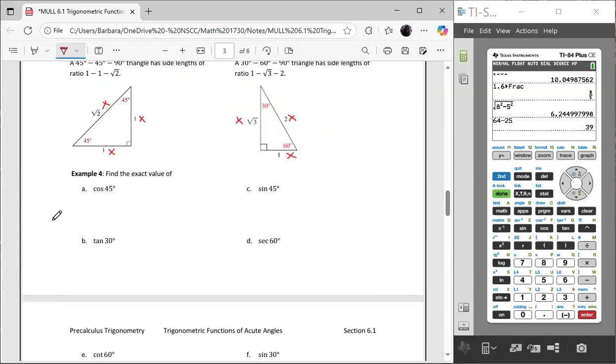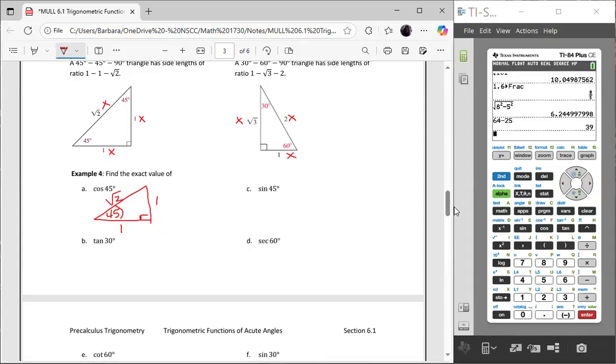So in example 4, we're going to find the exact value of the cosine of 45. So what I would do is sketch a triangle, a 45, 45, 90 triangle. And with that triangle, we know that the legs are each 1, and the hypotenuse is the square root of 2.